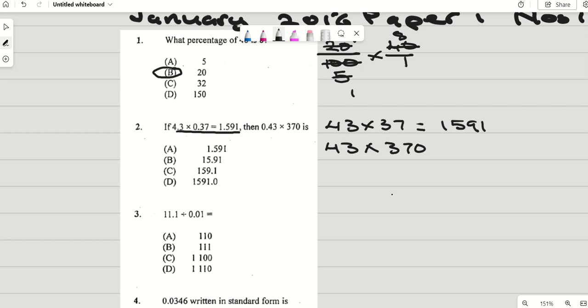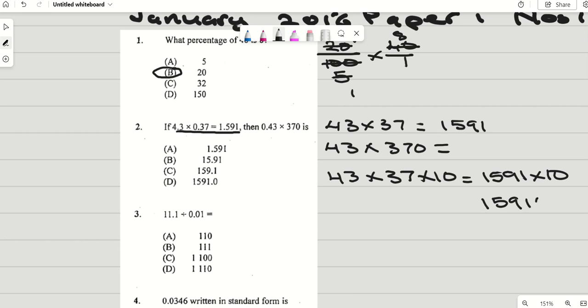To turn 37 into 370, it is 37 multiplied by 10. So what we have to do to get this answer is multiply 1591 by 10, which would be 15910.